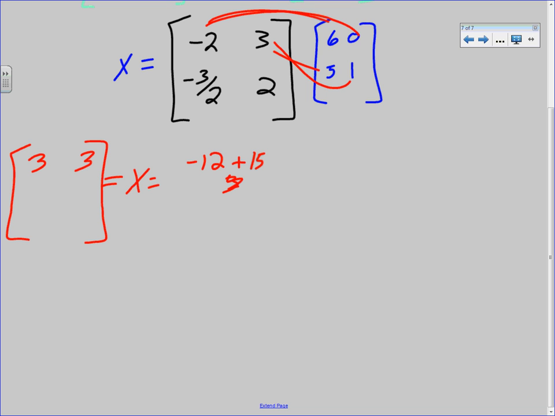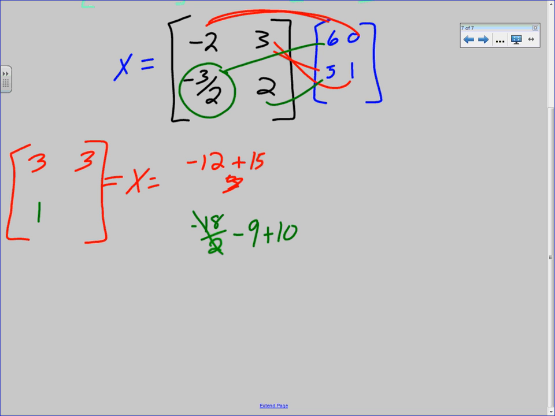And then let's look at a different color. So let's say -3/2 times 6. -3 times 6 would be -18/2, which is -9. And then 2 times 5, which is 10. -9 plus 10 should be +1.